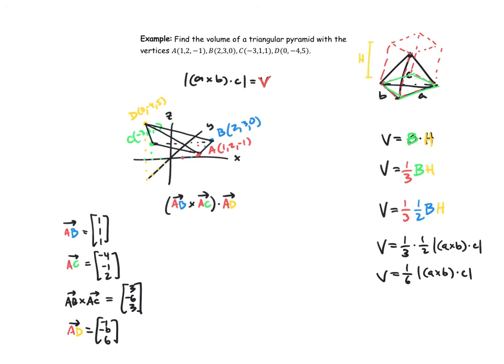Okay, so now I'm going to take these two vectors, AB crossed with AC, and of course dot them together. So that's AB crossed with AC dotted with AD, which will equal 3, -6, 3 dotted with -1, -6, 6.